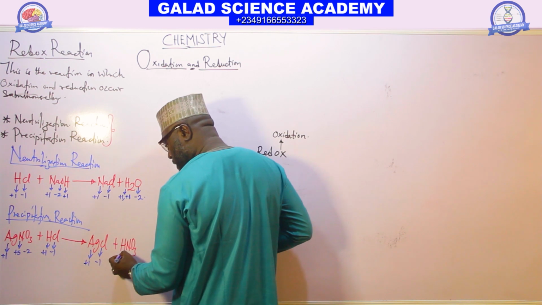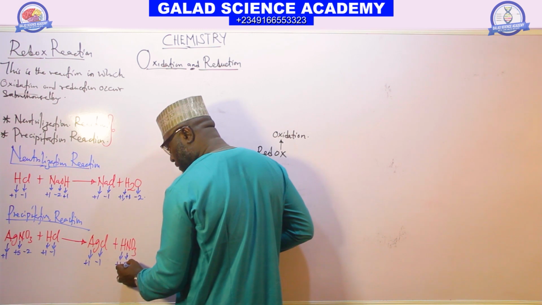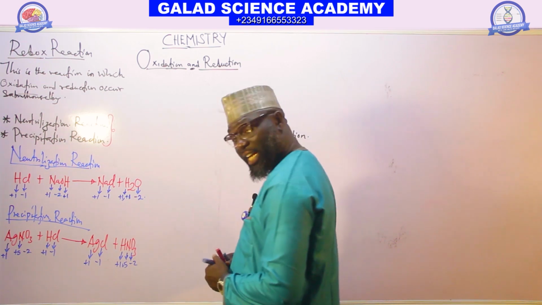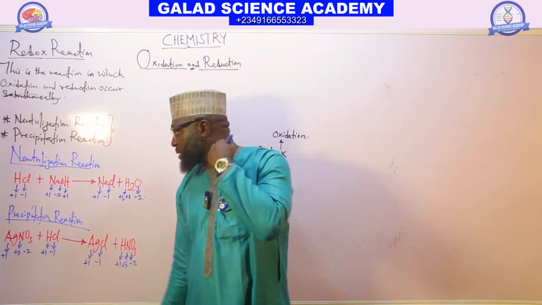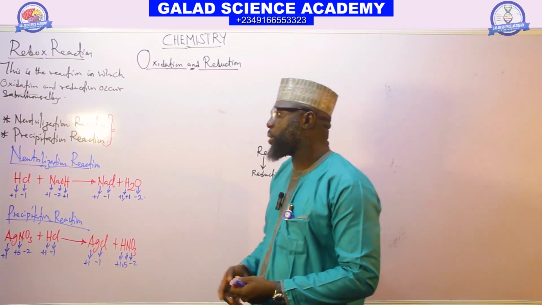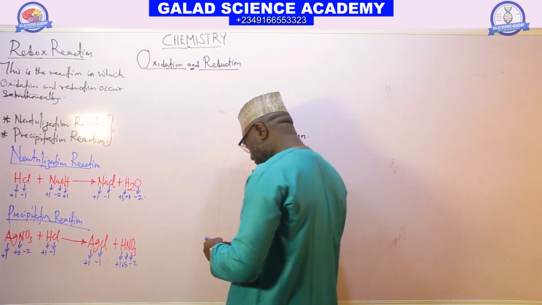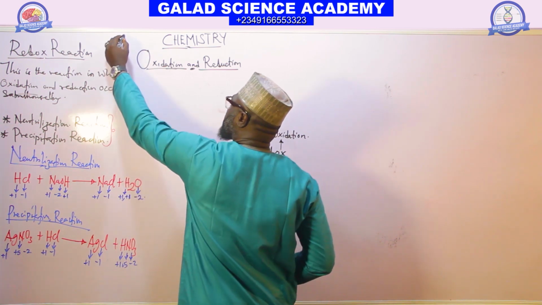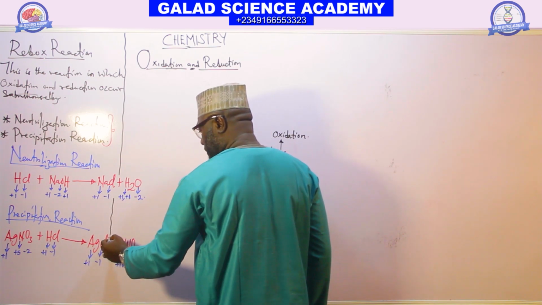Nitrogen is still remaining +5, and oxygen here is also -2. There is no change in the oxidation number of reactants and products. Therefore, the precipitation reaction is not a redox reaction. So that is a common example for non-redox reaction.